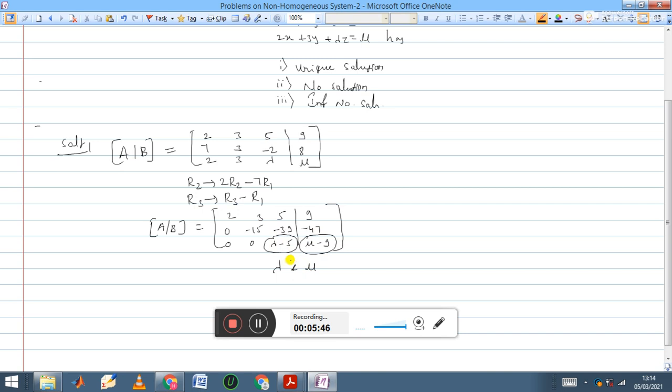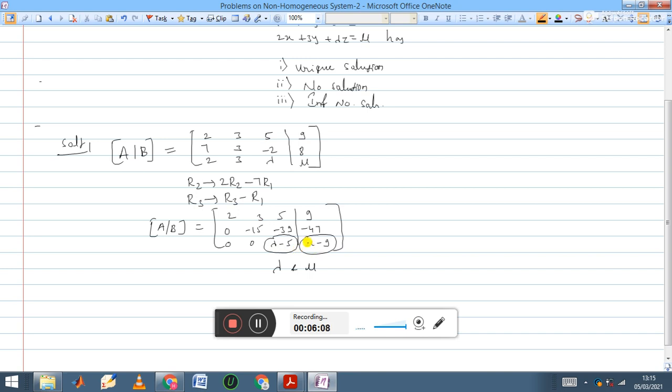Suppose we discuss the cases: if lambda value is 5, then 5 minus 5 is 0, then rank of A is 2.